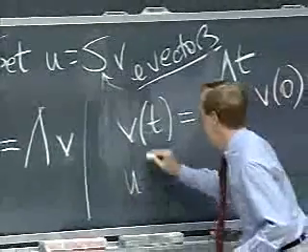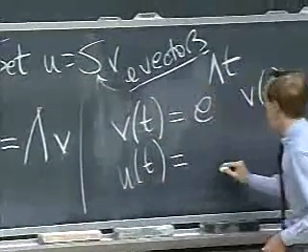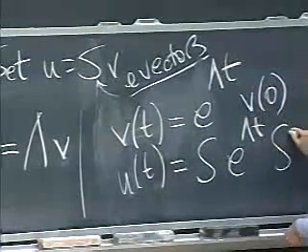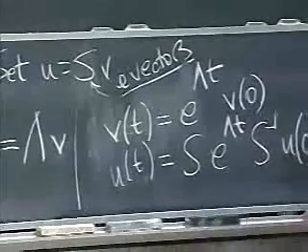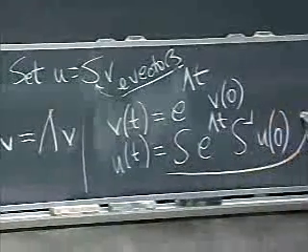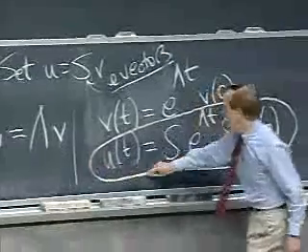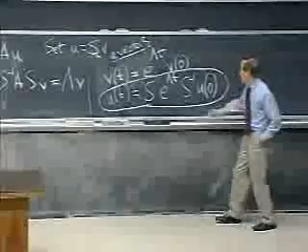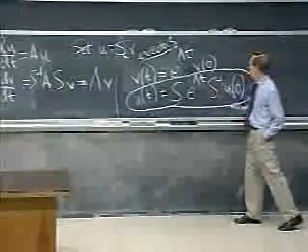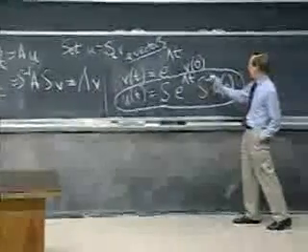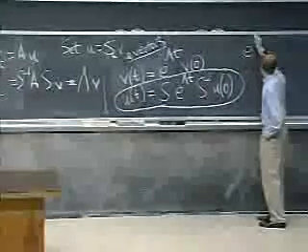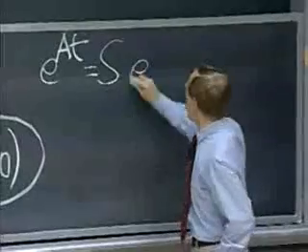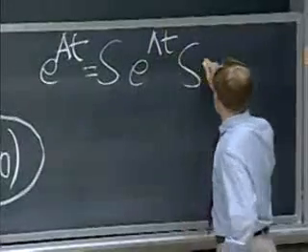And u of t will be S e to the lambda t S inverse u of 0. This is the formula I'm headed for. This matrix, S e to the lambda t S inverse, that's my exponential. That's my e to the At.